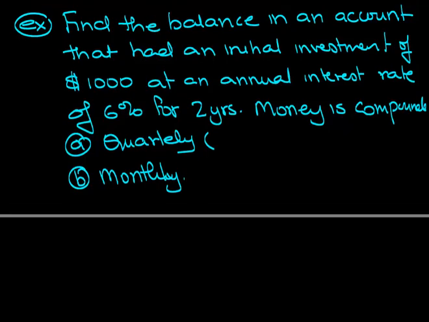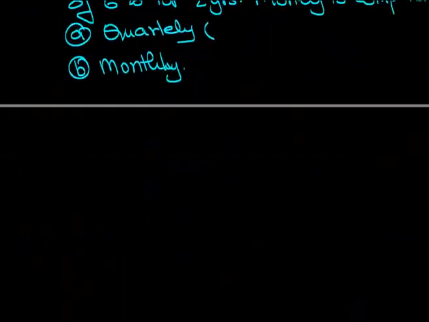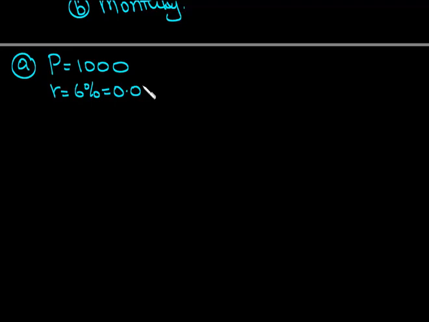So all we're doing is using this formula to figure out how much money you have in the account at the end. Let's do the first part. Your principal is $1,000. The rate is 6%, so it's 0.06, the time is 2 years, and n is equal to 4.